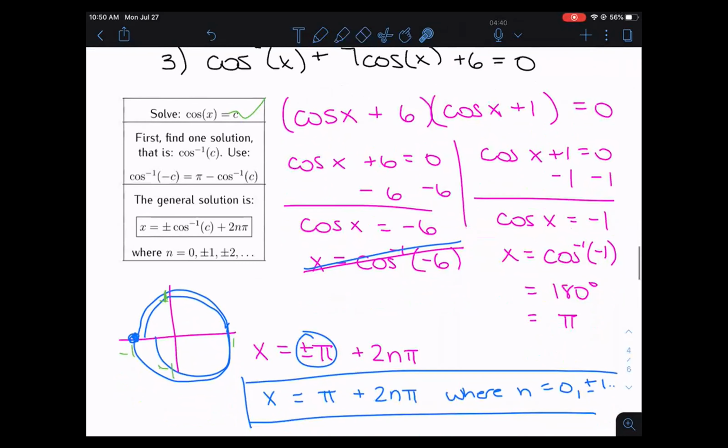So now let's look at the unit circle. Over here, we have pi. This is cosine.